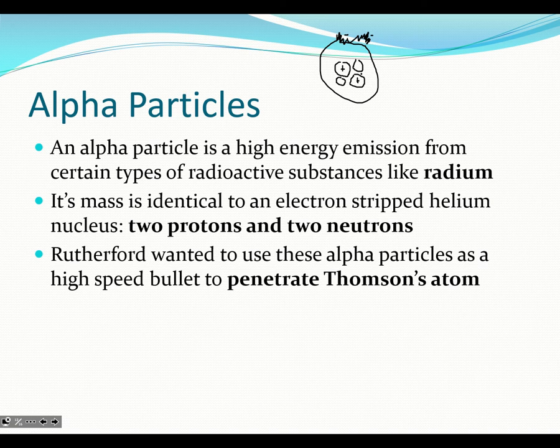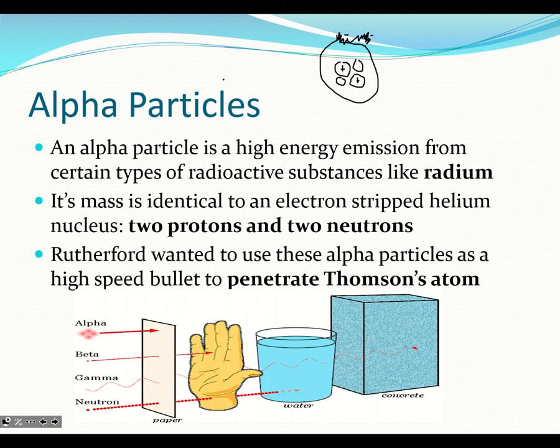So Rutherford wanted to use these particles as a high-speed bullet to penetrate Thomson's atom. Alpha particles aren't able to penetrate things really well; they will be stopped by a sheet of paper. So in his experiment, he used gold foil, and you can stretch gold foil really, really thin, a few atoms thin, which is pretty amazing, so that the alpha particles can go through.